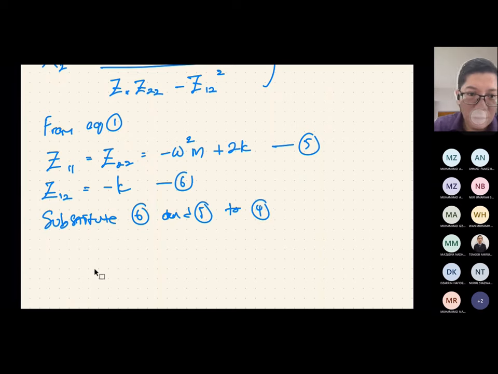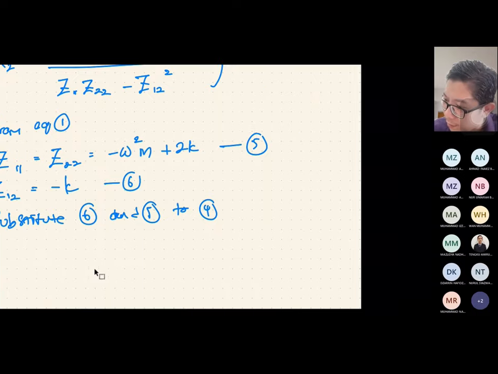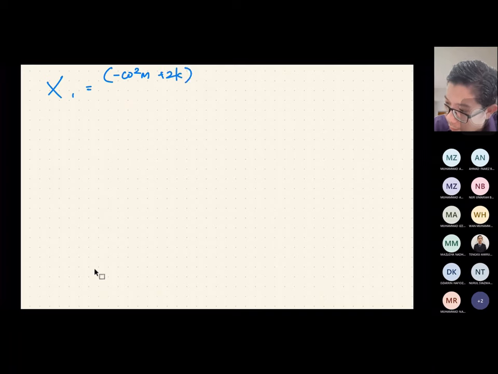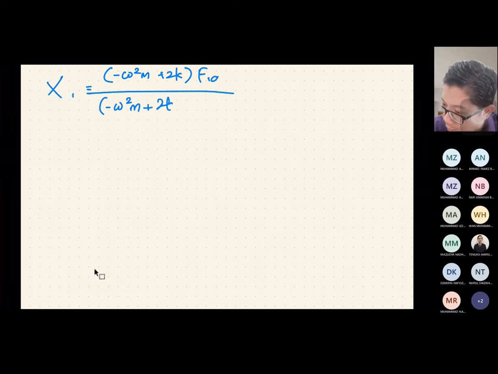So if we substitute into the equation, kita akan dapat x1 and negative omega squared m plus 2k f10 over negative omega squared m plus 2k squared minus k squared.